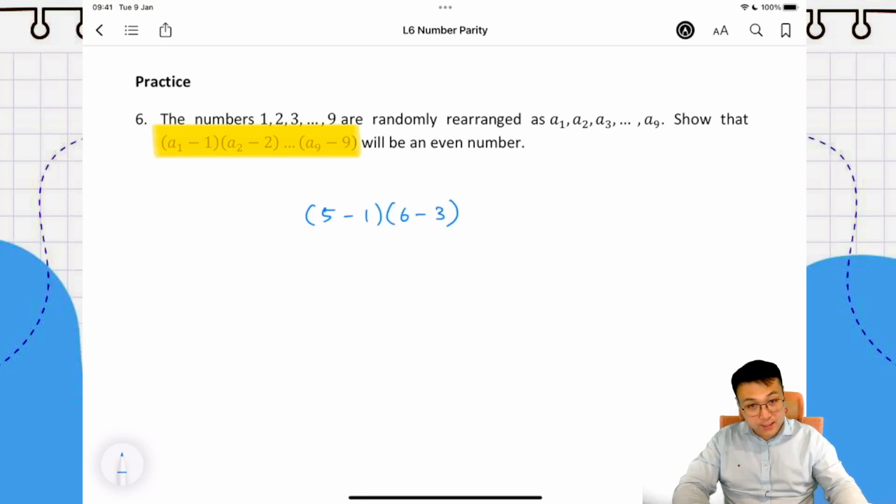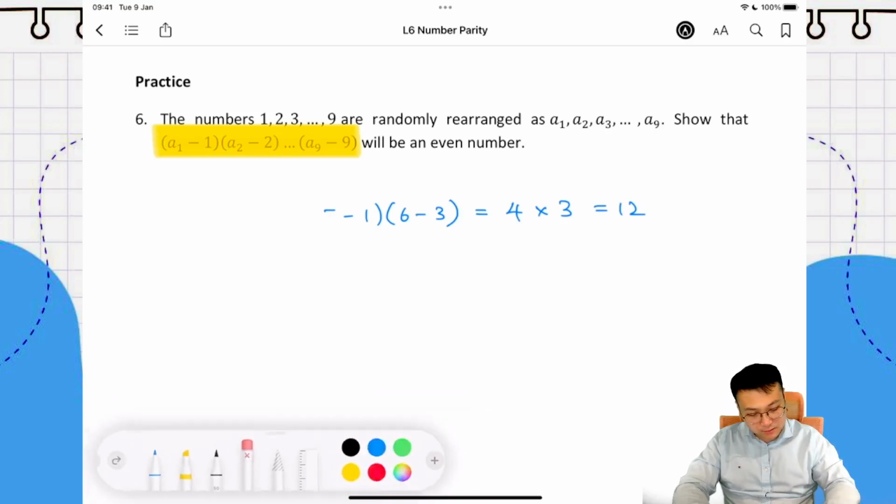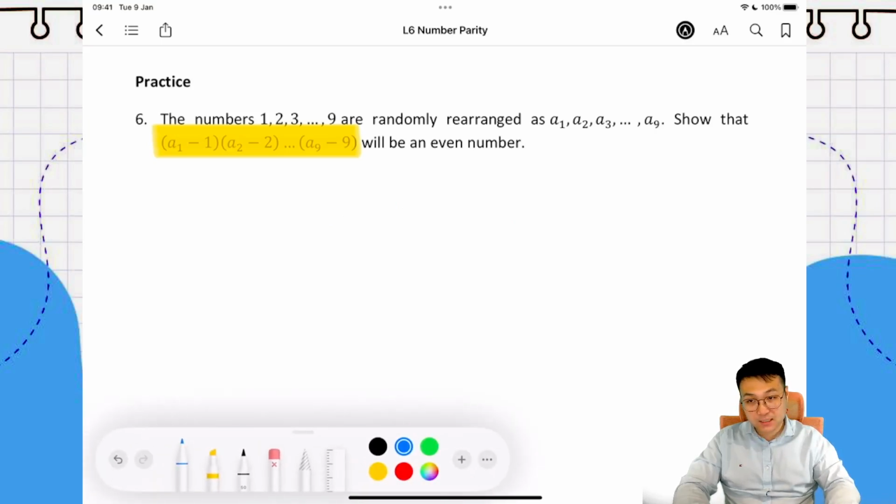When you have 2 brackets side by side, it means multiply. Okay, what does it mean? It means 5 minus 1 is 4, multiplied by 6 minus 3. So when you see brackets side by side, just know that it is multiplication.